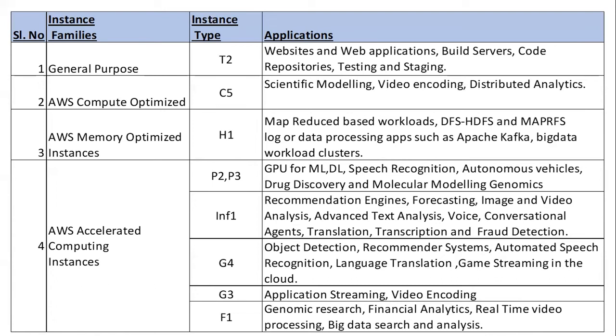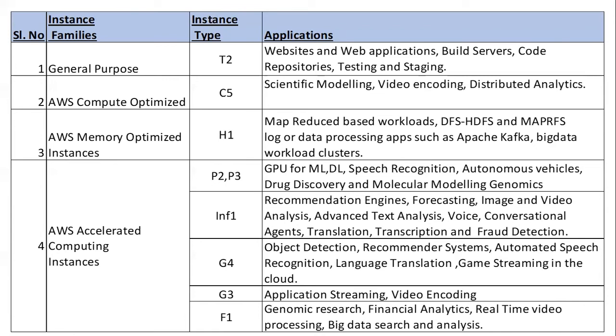This is mainly used for MAPRFS based workloads, distributed file systems like HDFS or MAPRFS. You can also use this to process log data or other data processing apps such as Apache Kafka, big data, workload clusters. Now, the fourth type is very, very interesting.